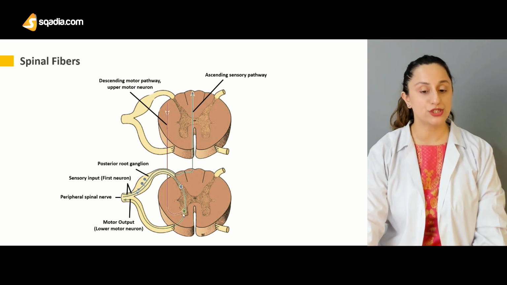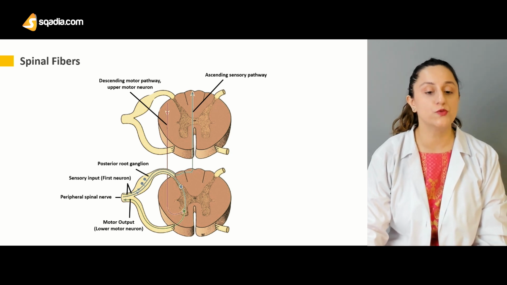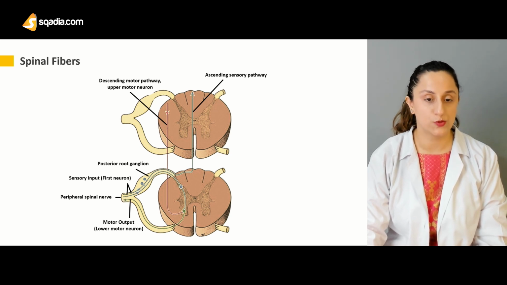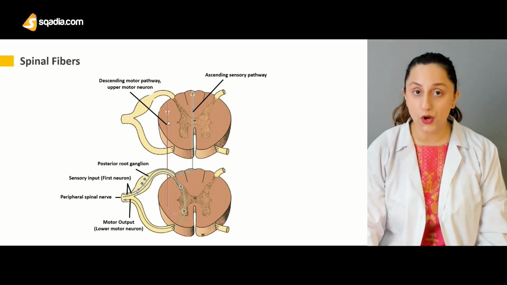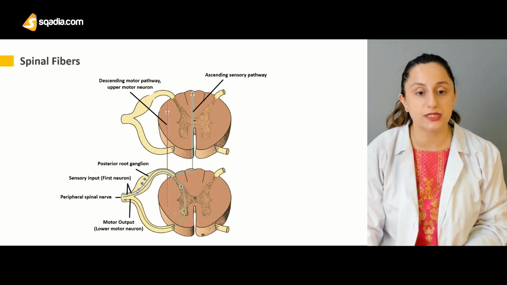And then the second order neuron, it basically arises within the spinal cord, and then it moves on and it moves towards the effector organs, and these are known as the lower motor neurons. And even depending upon which neuron is damaged, there are the classical signs and symptoms that are being produced.